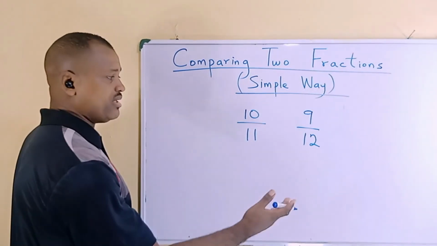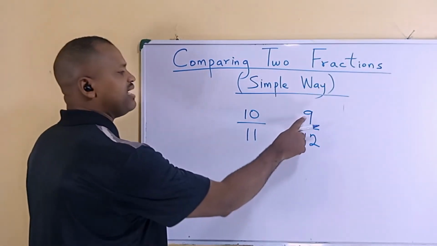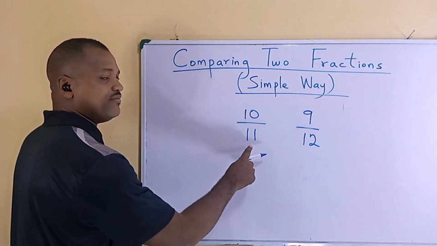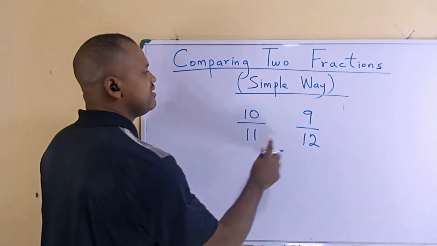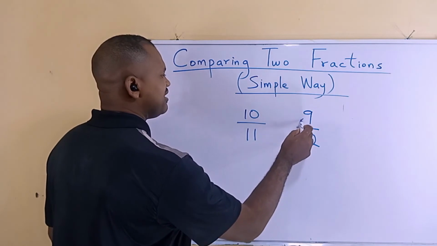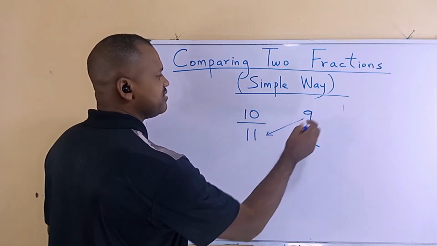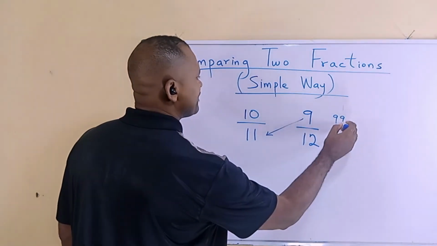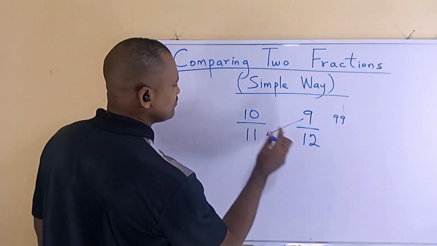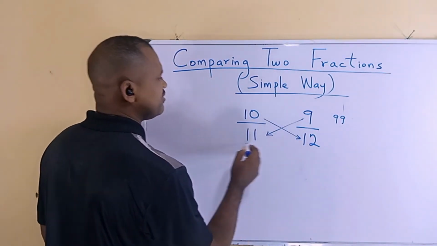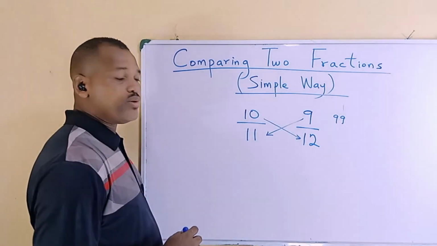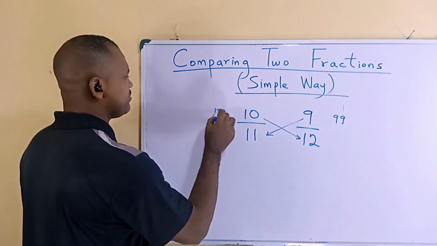Want to know which one is bigger? 9 times 11 is 99, write it here. 10 times 12 is 120, write it here.